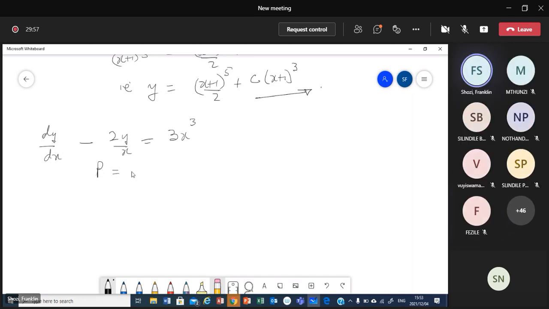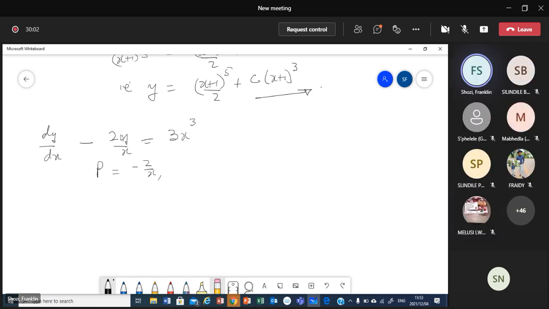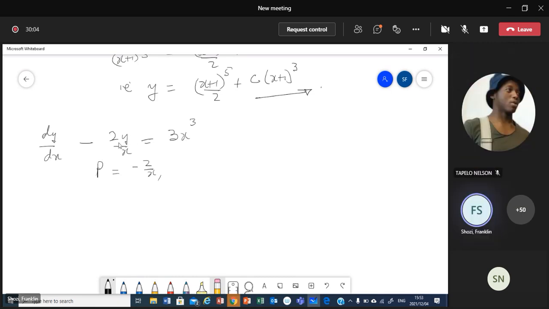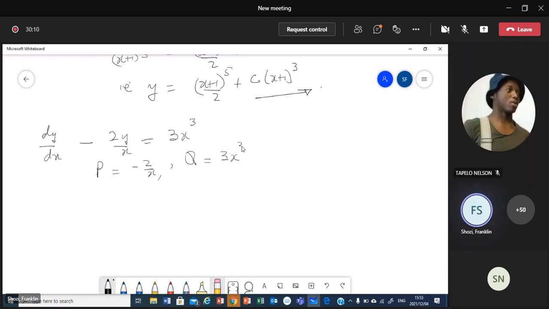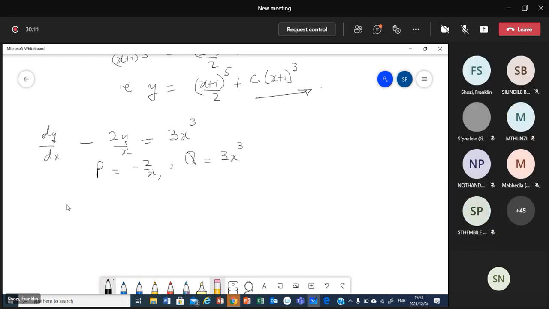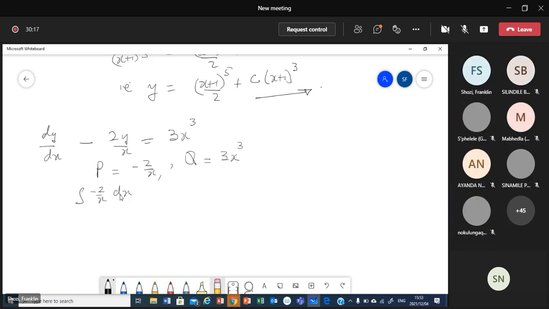What is your P? P is minus 2 over x, that coefficient of y. And what is Q? Q is 3x cubed.